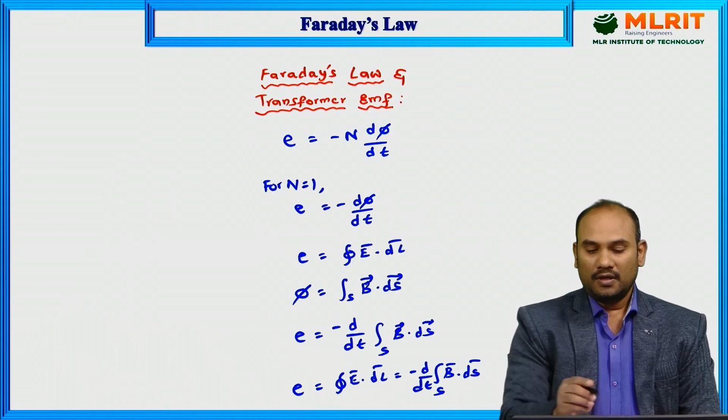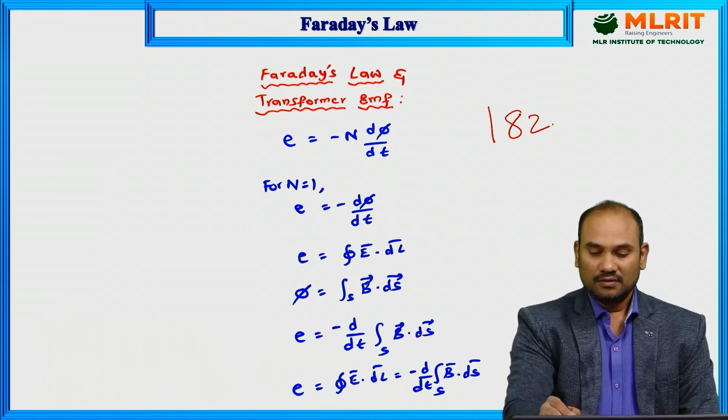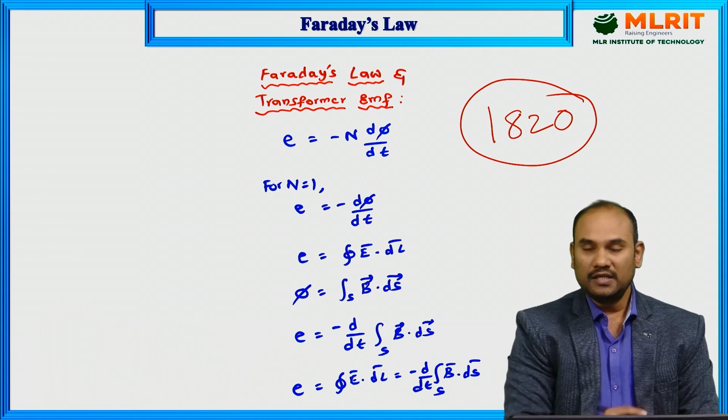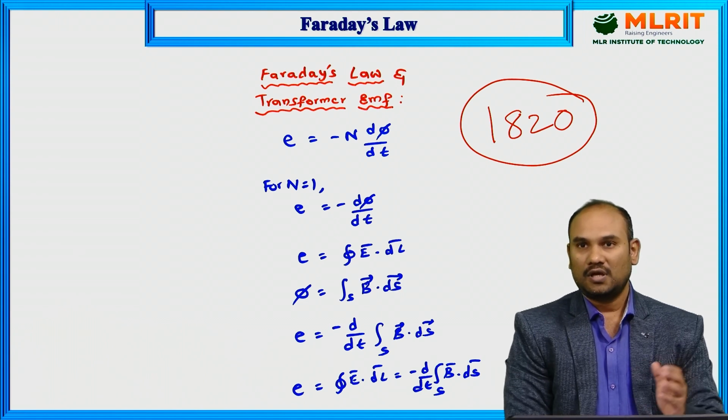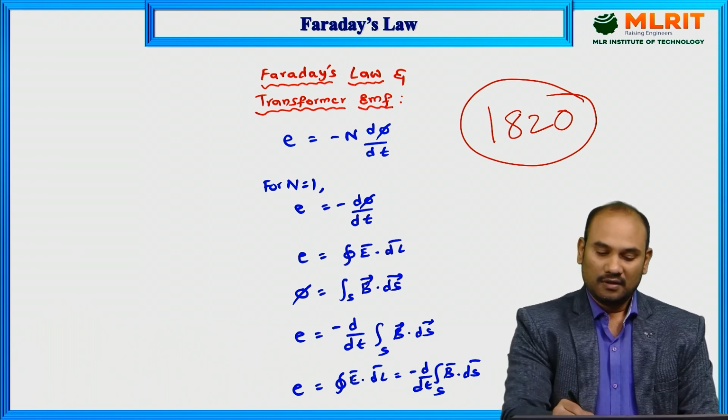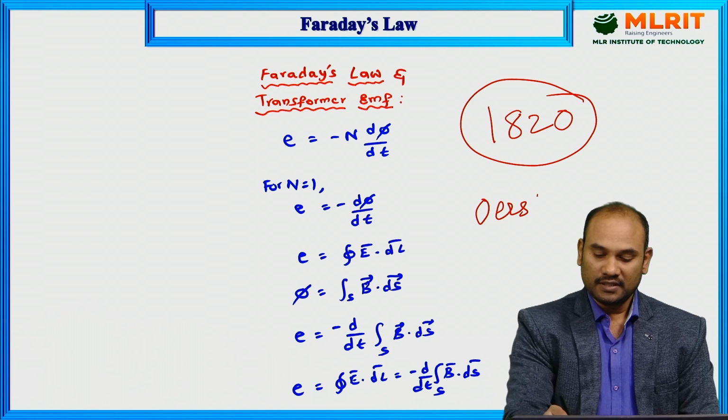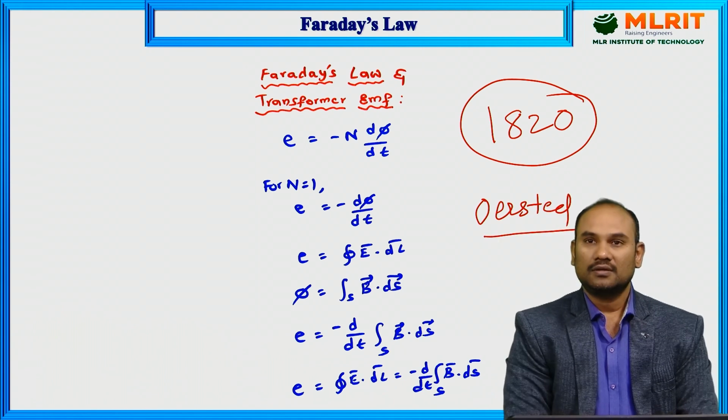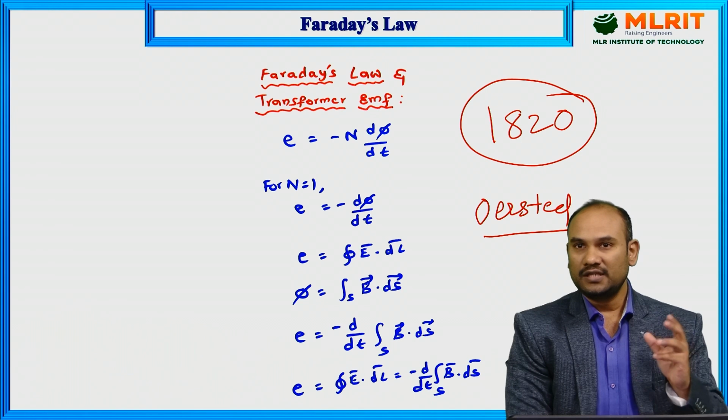Now, historically speaking, it dates back to 1820, almost 200 years back. A physicist by the name Ørsted was performing experiments in his laboratory. It was an accidental observation.